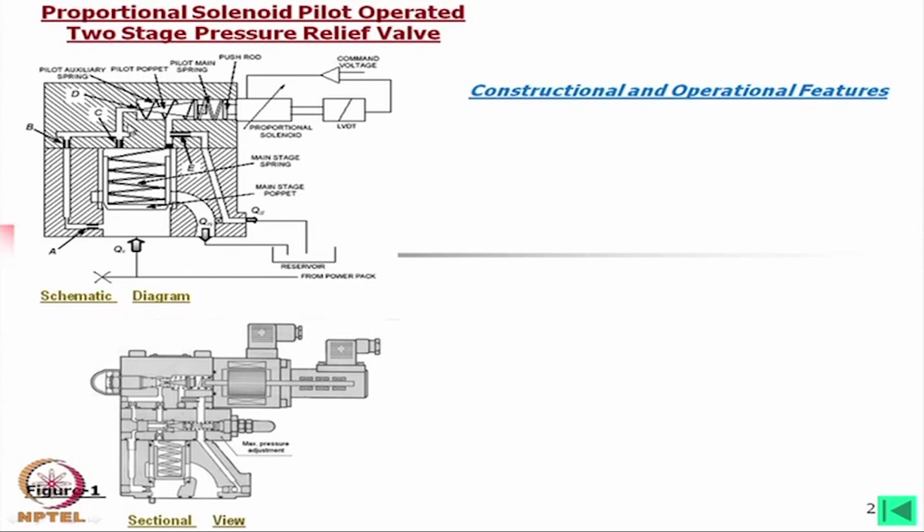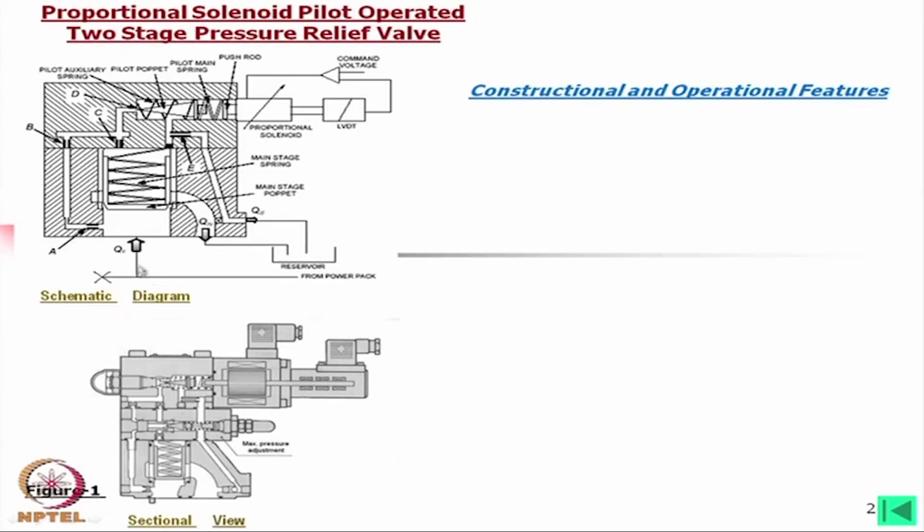But due to this balance, there will be an orifice effect, a small orifice will open. So, maintaining the pressure here up to the system pressure, say 10 megapascal, the oil will pass until this pressure is reduced to close this valve. Okay. So, this is the basic operation.